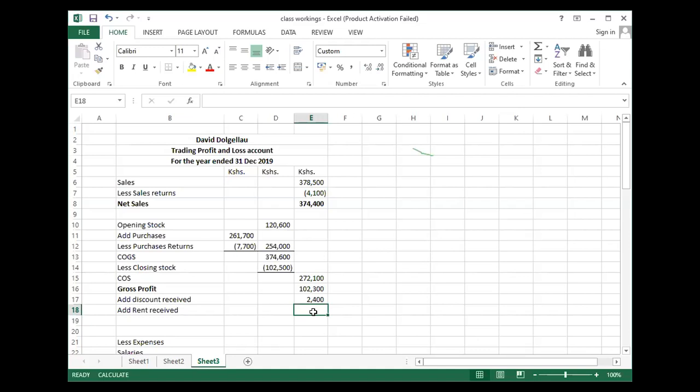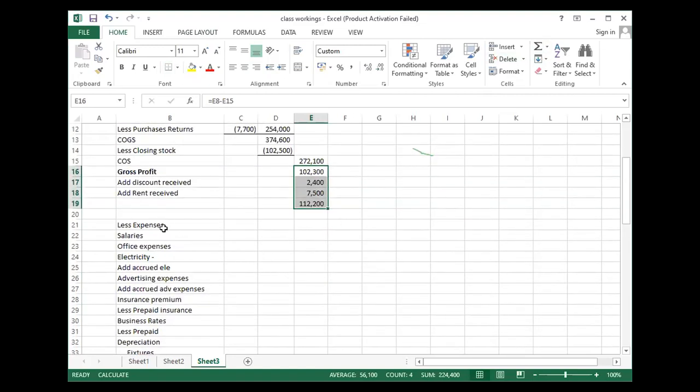We have rent received, another income, and therefore you add that rent there again. When you do that, what you get will be equal to 112,200.